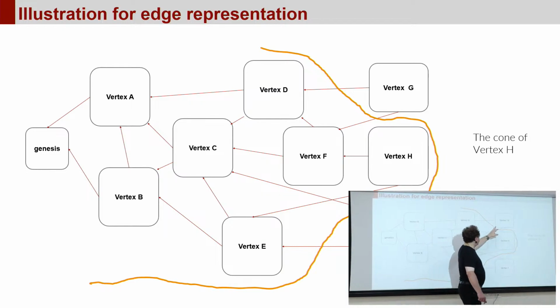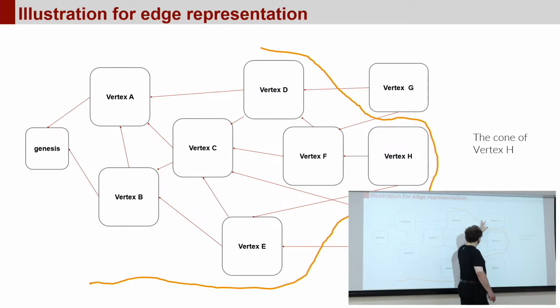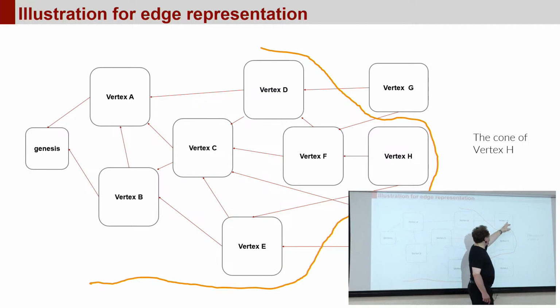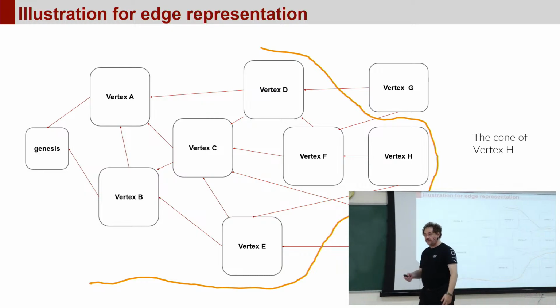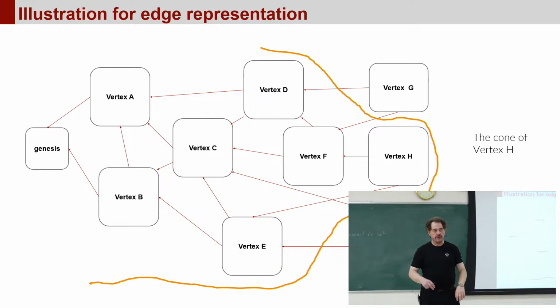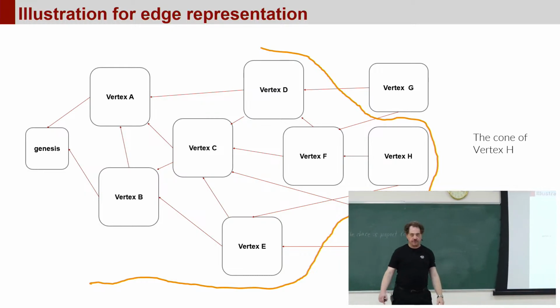So this edge may signify that vertex G votes for vertex D, and the lack of the path, in fact, from vertex G to vertex E signifies that vertex G doesn't vote for vertex E. And therefore, between the two conflicting vertices, according to G, we need to pick vertex D. And if all other vertices do the same, then this is how we would resolve the conflict.